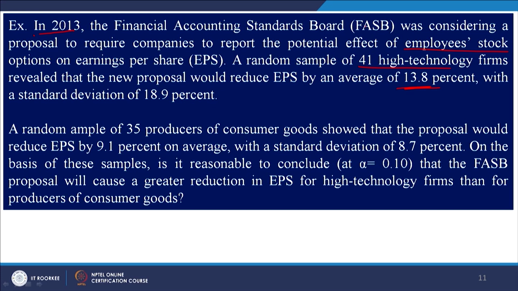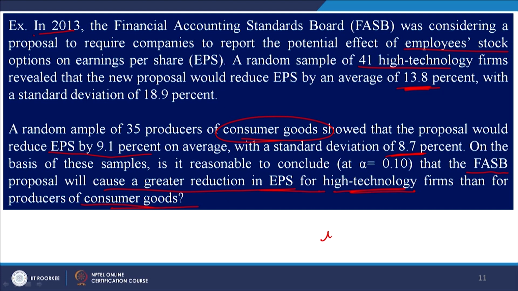A random sample of 35 producers of consumer goods showed that the proposal would reduce EPS by 9.1% on average with standard deviation of 8.7%.